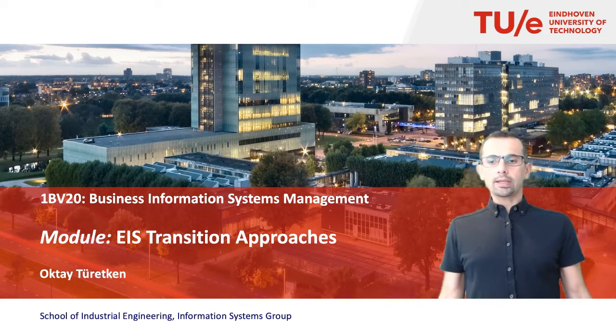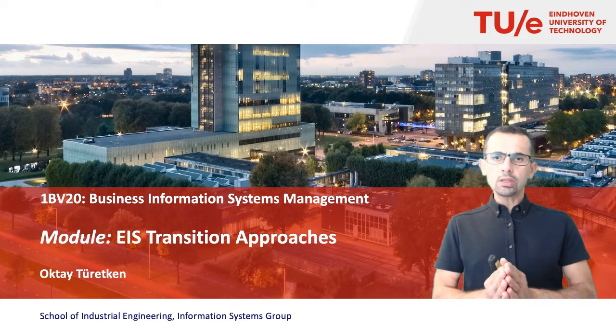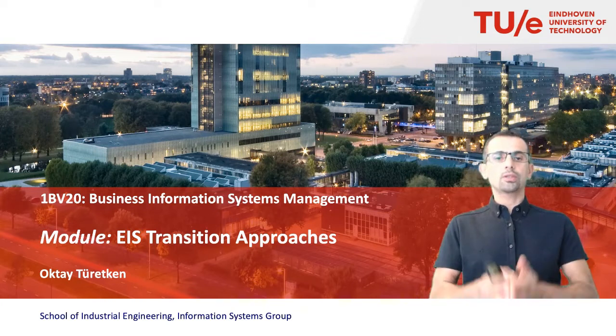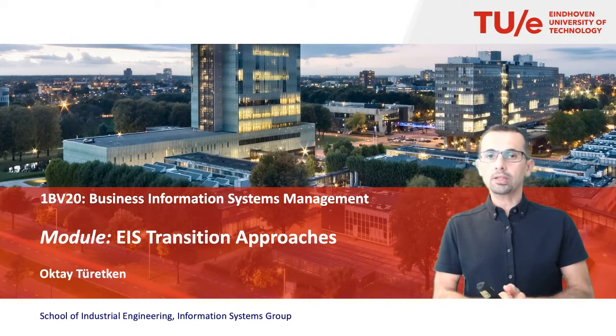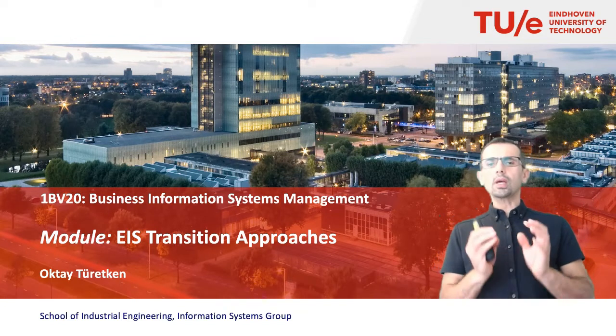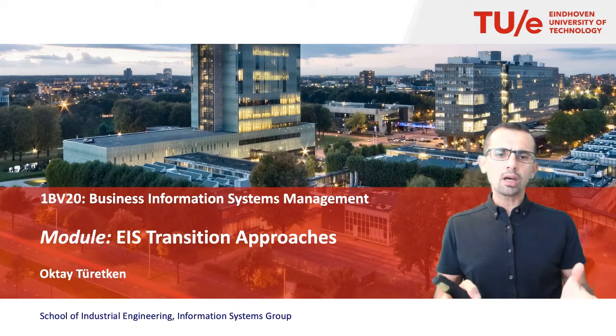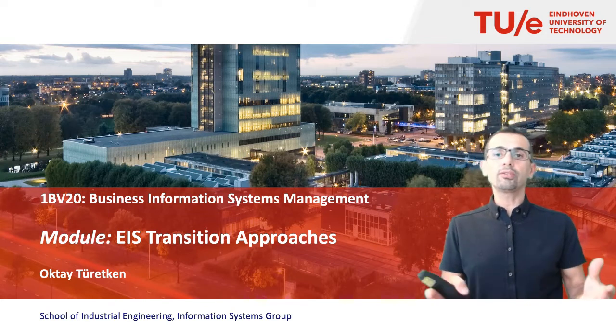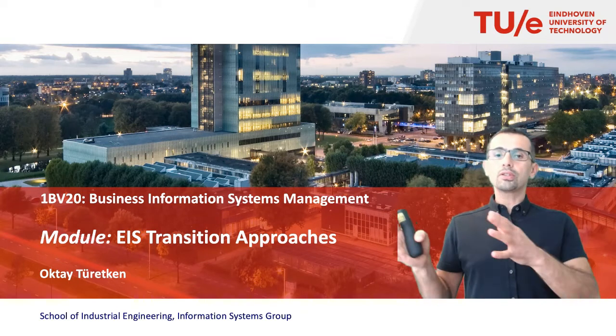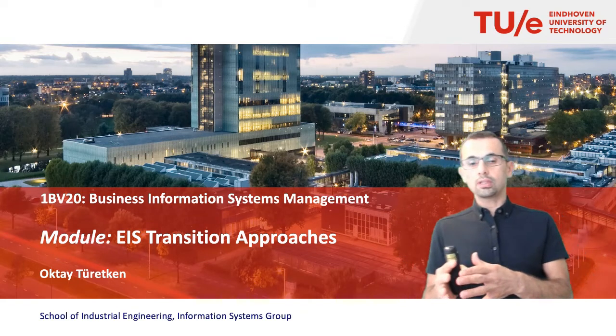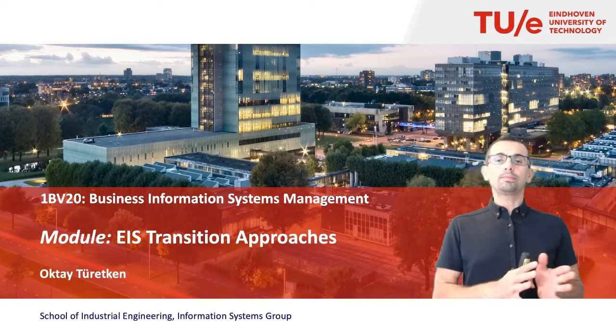Okay, welcome back. In previous videos, I talked about traditional approaches used in implementing enterprise information systems. At a certain point in time, when the system has been customized or configured and ready for use, you need to transition from the old system to the new one.